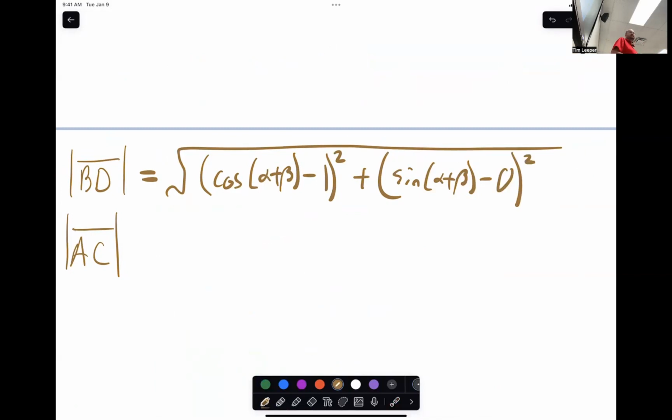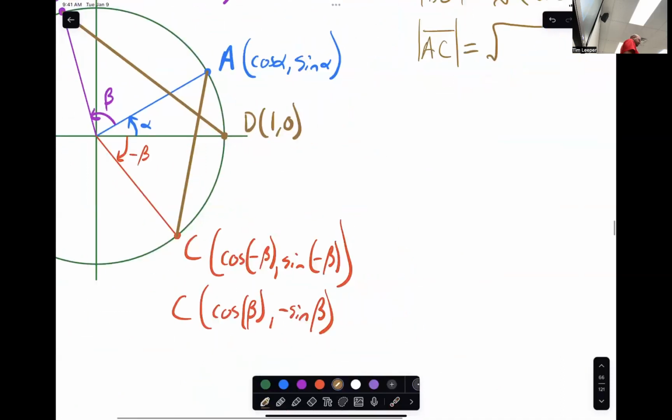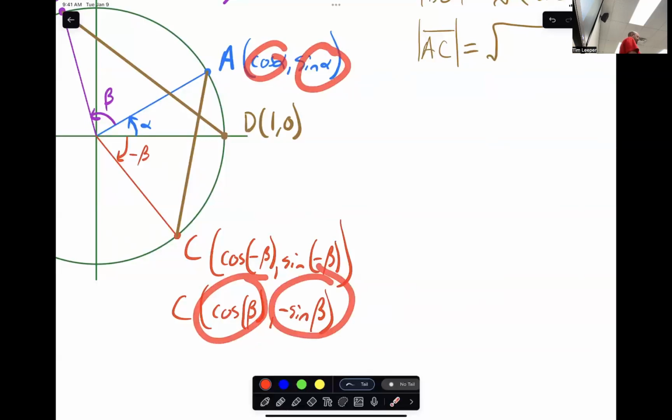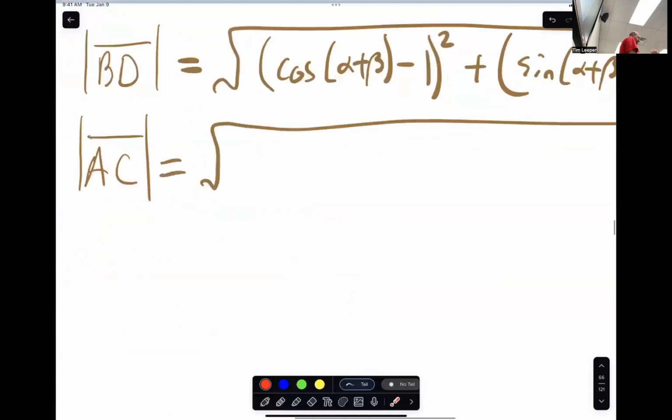Now the segment AC, its length will be done the same way. We use the square root of the sum of the squares of the differences of the components. Coming over here, what two points am I looking at? I'm looking at cosine of beta and cosine of alpha. I'm going to do cosine alpha minus cosine beta, and then sine alpha minus a negative sine beta. It doesn't really matter what order you do it in. That's what I'm going to do here.